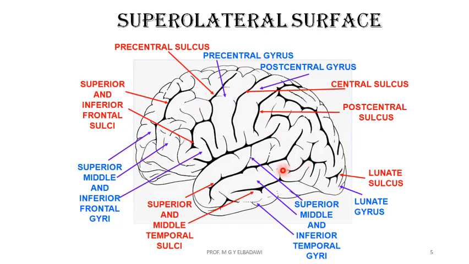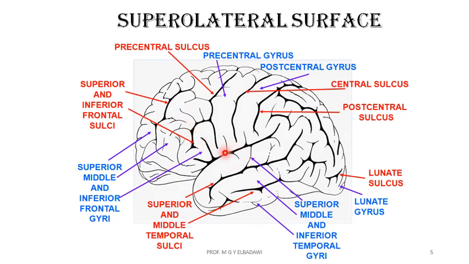What we are interested in these surfaces is to identify the main sulci and gyri of each surface and some of the functional areas which can be located at each surface.